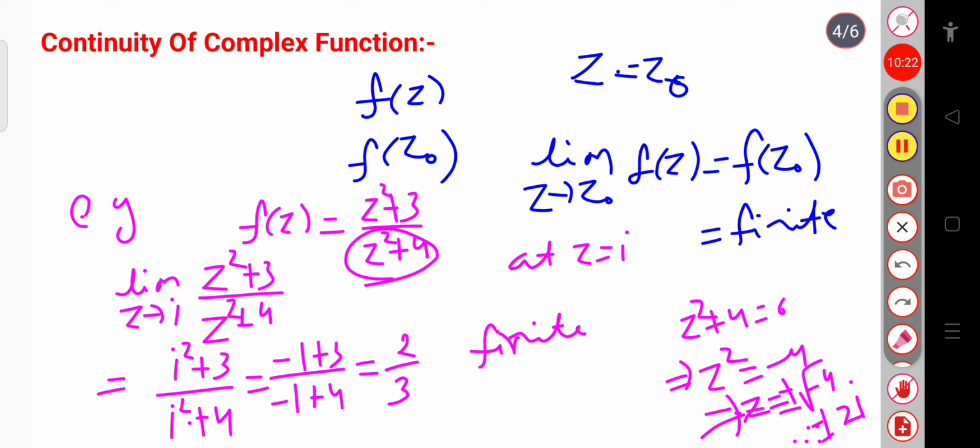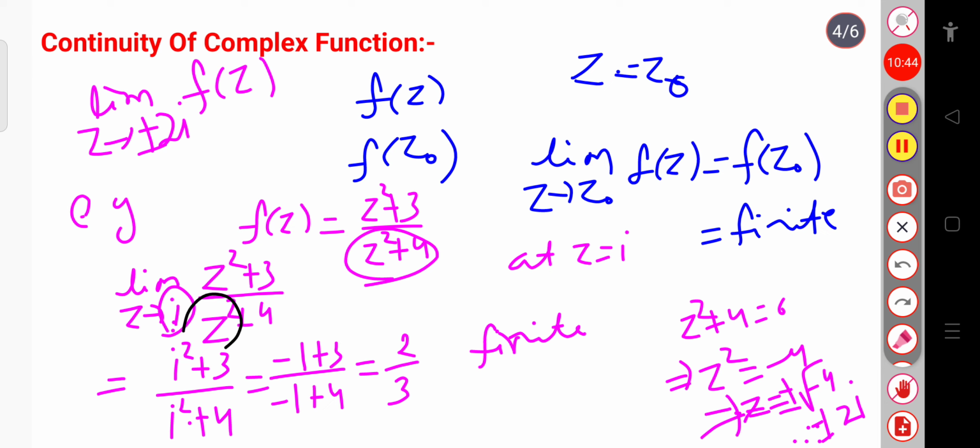So here, in place of z tends to i, if I put the limit z tends to plus or minus 2i of f of z, then in place of z square, if I put plus 2i or minus 2i, this becomes minus 4. 2i square means 2 square is 4, so this will be i square, whether it is i or minus i, so this becomes minus 4, and again plus 4.